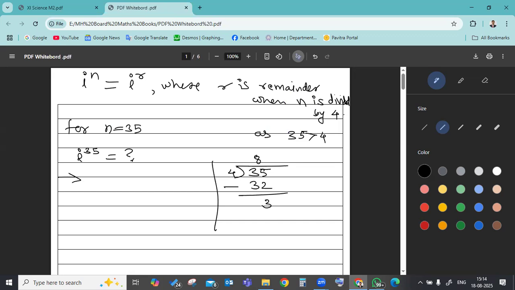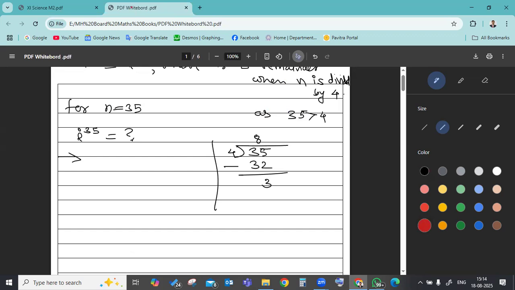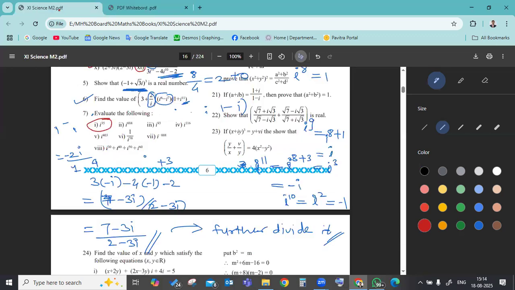Remainder is 3. So here the quotient is 8 and the remainder is 3. So I raised to 35 is equal to I raised to 3, and I raised to 3 is minus I. So it is minus I, right? Very good.